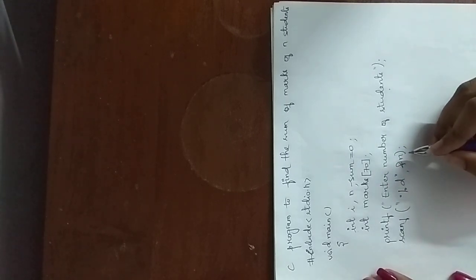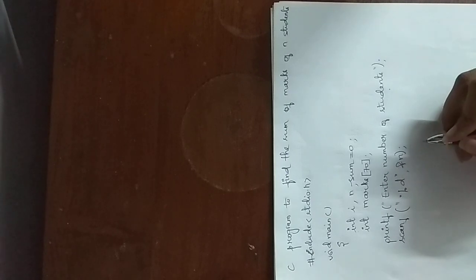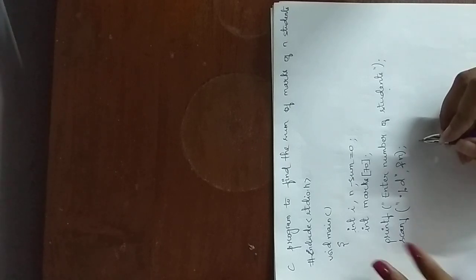Next we have to take the marks input from the user. So how do we take the marks input from the user? This is the way we write the simple statement of taking input, which is a scanf statement, by writing the index of the array.